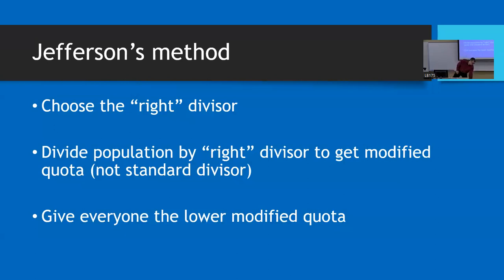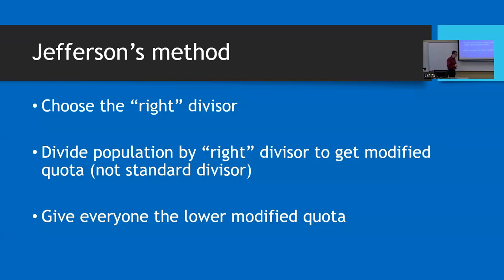And on the test, on the homeworks, that right divisor, well, let me take a step back. That right divisor often is very hard to find. A lot of times it takes some guessing and checking.